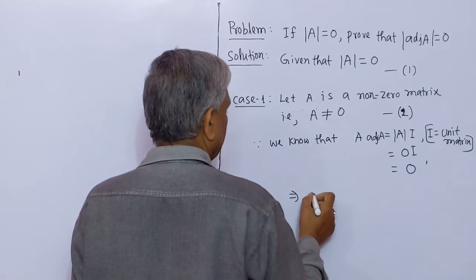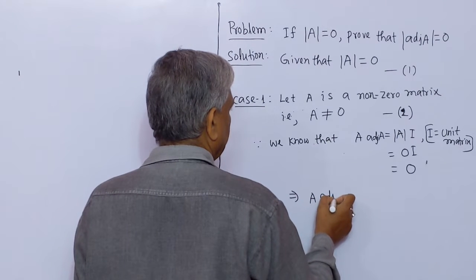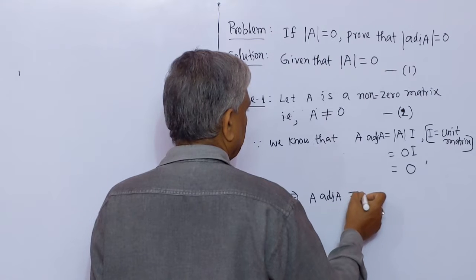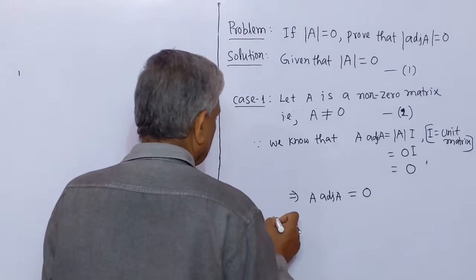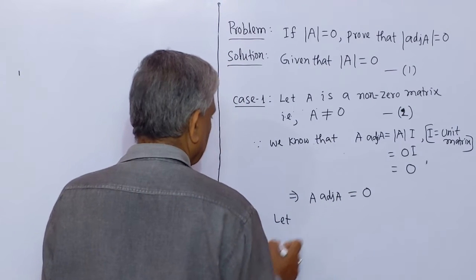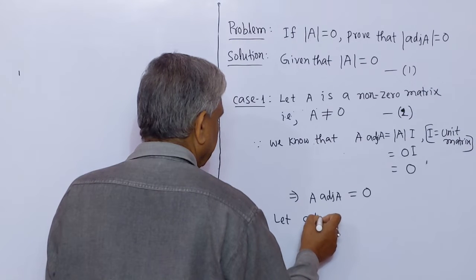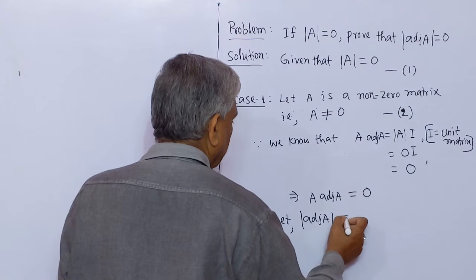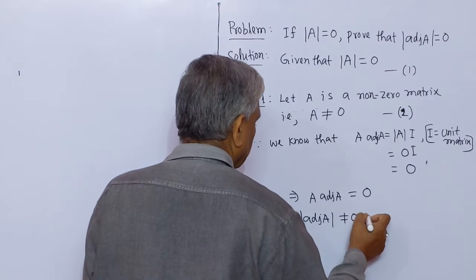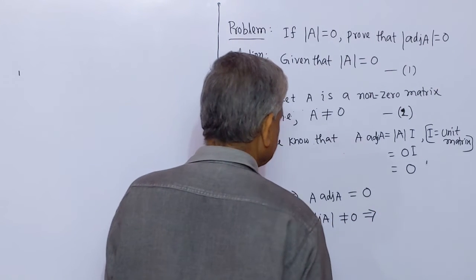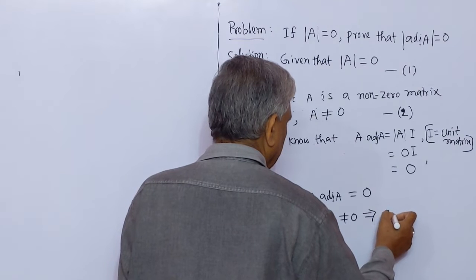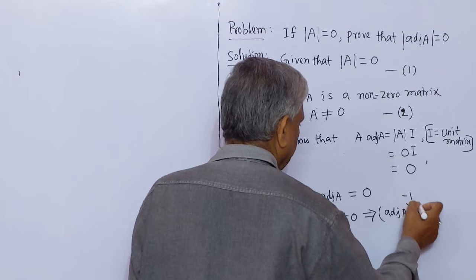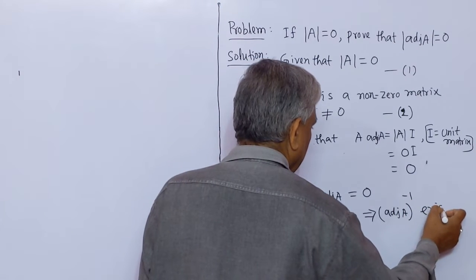This implies that A adjoint A equal to 0. Let determinant of adjoint A not equal to 0, which implies that adjoint A inverse exists.